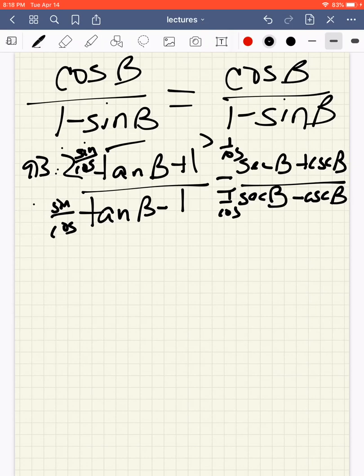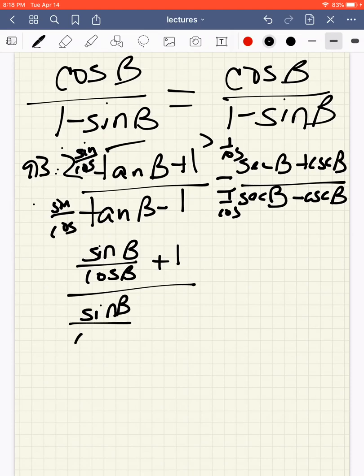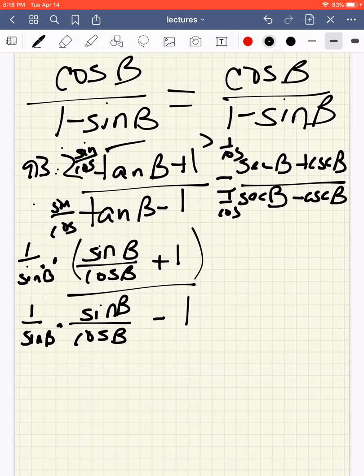All right, so let's try that and see. I'm going to rewrite this as sine b over cosine b plus 1 divided by sine b over cosine b minus 1. And I'm going to multiply by 1 over sine b and 1 over sine b. Okay, I'll just put that in parentheses so we can see what happens.